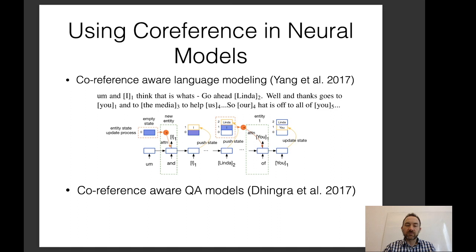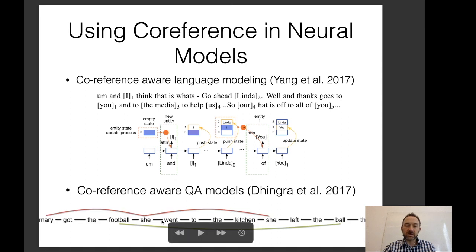And also coreference-aware QA models that directly draw or upweight links between coreferent words in the sentence. And you might get some of this by end-to-end training, but unfortunately the necessity to use coreference relations to perform good end-to-end QA is relatively rare.